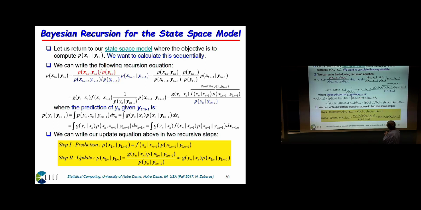So what has happened here? I omitted this term here. When I write yn given xn and all of this, what happened to y1 to n minus 1? I don't need it because my likelihood yn depends only on xn, right? So I throw it out.